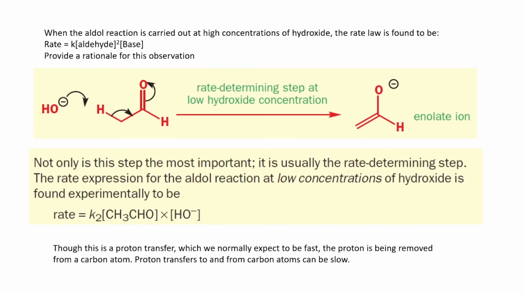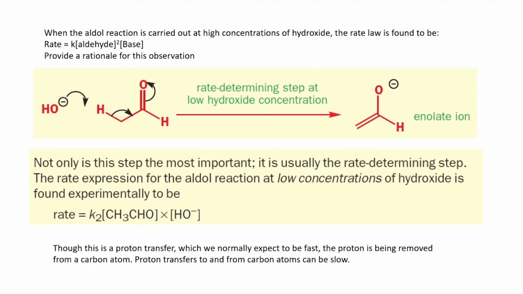So let's first look at the reaction under low base concentrations. Under these conditions, the enolate is formed, and the enolate then reacts with the aldehyde and gives you the product. Experimentally, we observe that the rate is proportional to the concentration of aldehyde times the concentration of hydroxide ion. So this ends up being a first order reaction in the aldehyde as well as the base. From this, we suggest that the rate determining step at low hydroxide concentration is the formation of enolate.